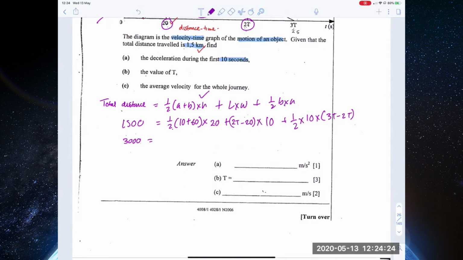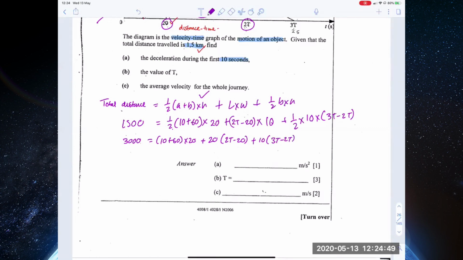If I multiply by 2, I'm left with 10 plus 60 times 20 plus 20, because 2 times 10 is 20, and then 2t minus 20, and then plus 10 brackets 3t minus 2t.